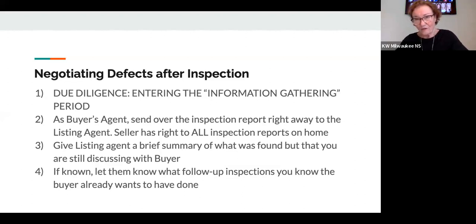Maybe there wasn't enough information given by the inspector, and so you want to say have a foundation expert come in there, or you want a chimney expert to come in. And if you are still within that time frame of the inspection report, you have the right to do so if it was mentioned in the report, or if there is something that you wanted to know the extent of the defect.